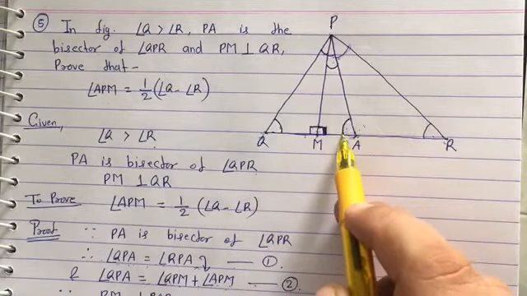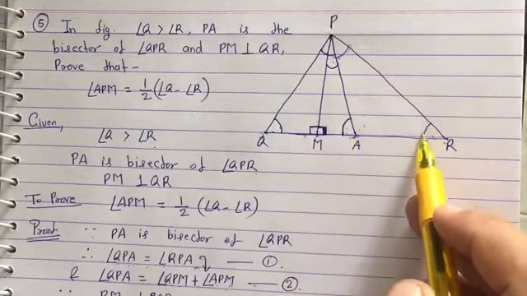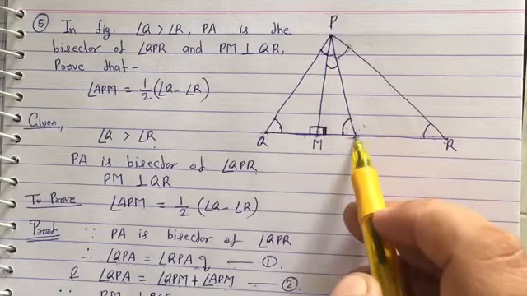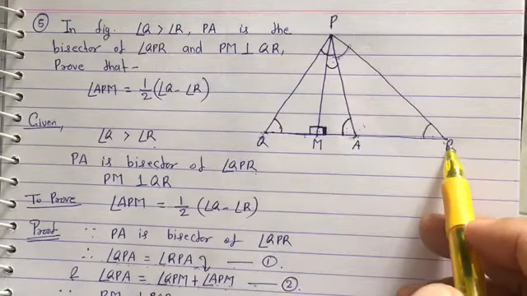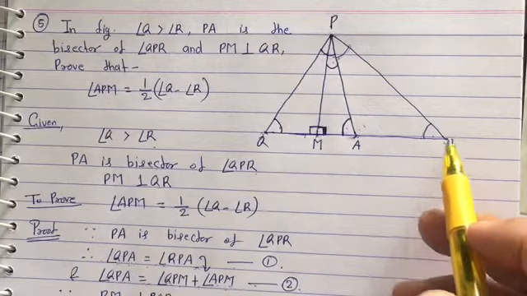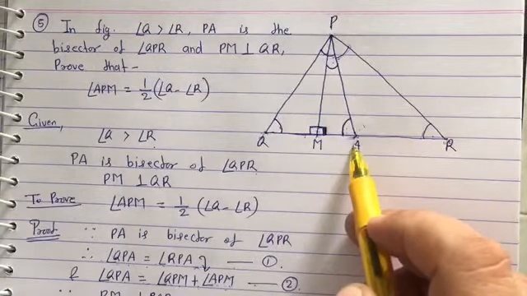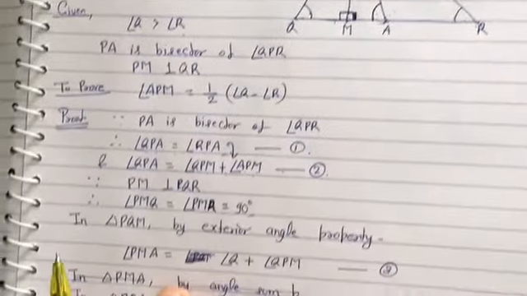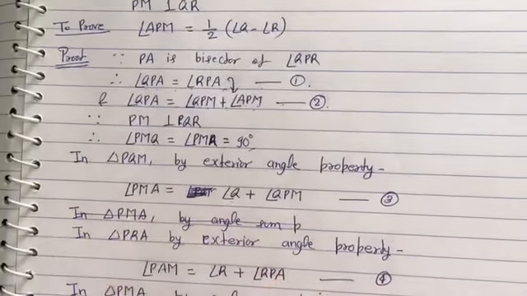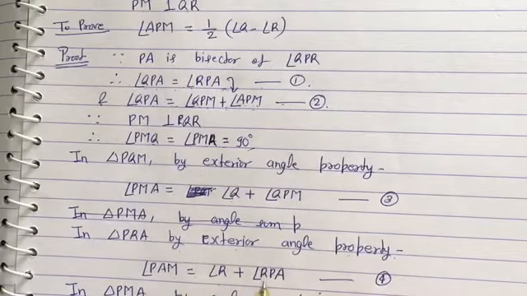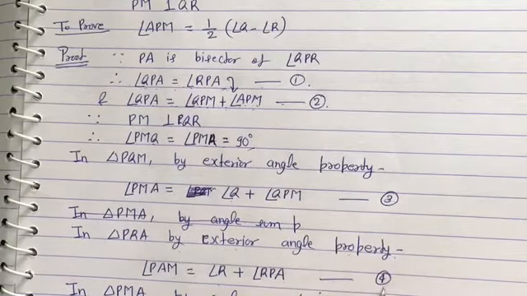Angle PAM is equal to angle R plus this angle, meaning angle APR, or you can say RPA. So write down this thing also here now. In triangle PRA, by exterior angle property, angle PAM is equal to angle R plus angle RPA, equation number 4.